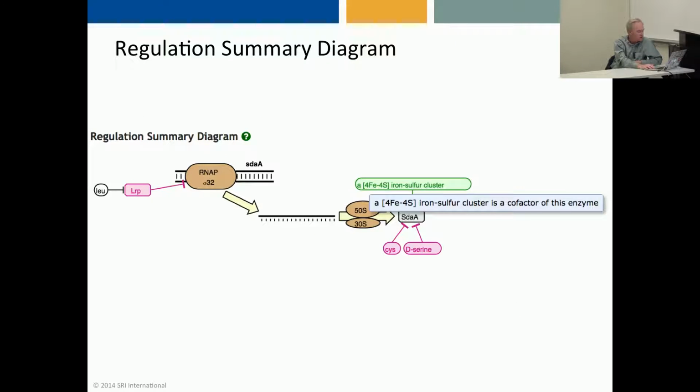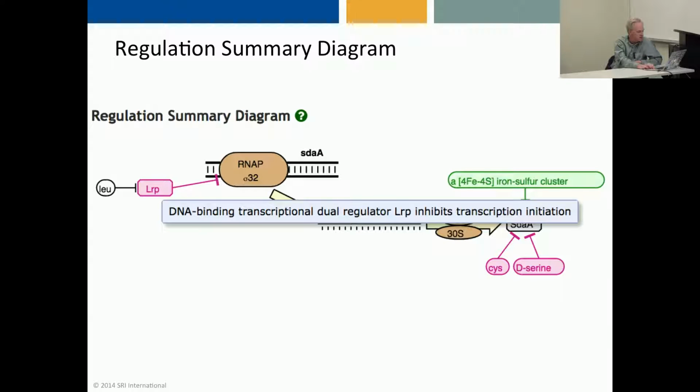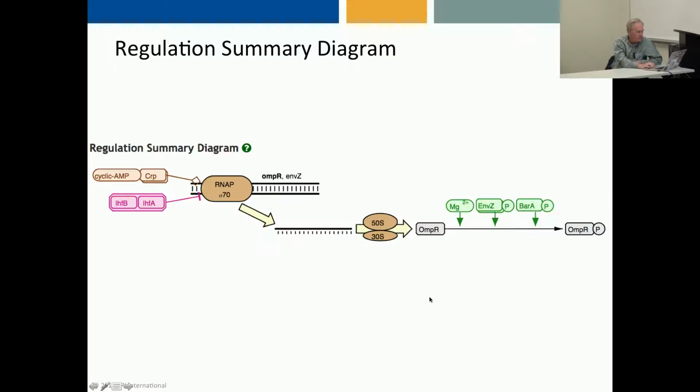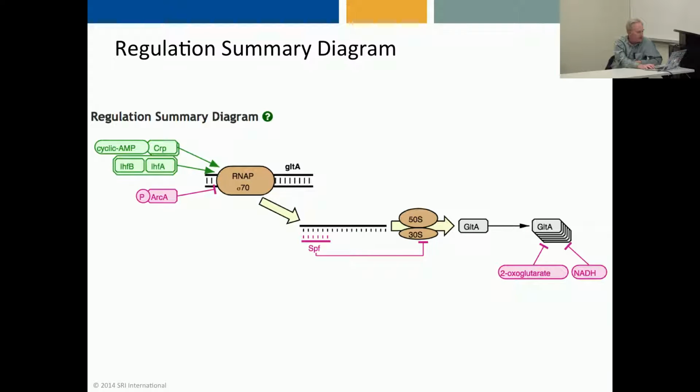Let's skip that one. Here's a similar gene, another E. coli gene, but this one has 3 genes that impact its transcription, 2 positively, 1 negatively, and then the RNA that's transcribed, its translation is inhibited by this small RNA.